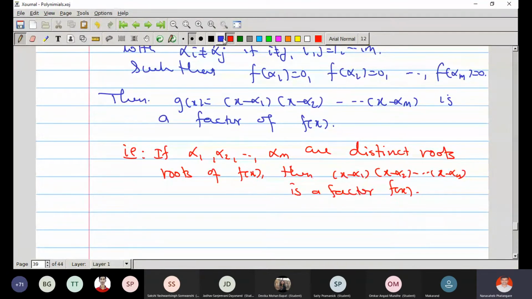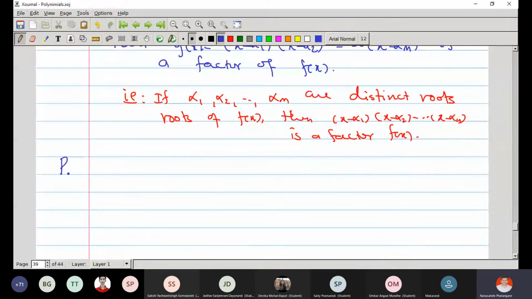So this being a factor of f of x means what? What do we need to show? What is given? Roots are given. So given that alpha 1 up to alpha m are distinct real numbers, this is the first thing.